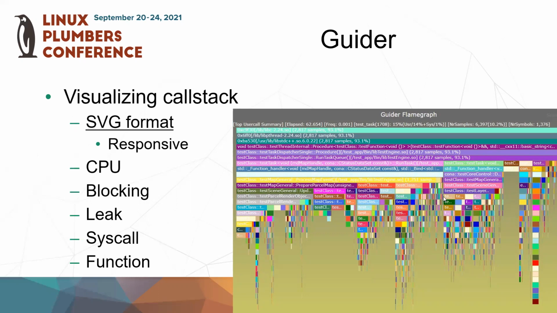Therefore, to analyze performance problems at the function level, we need to be able to see the whole, including each backtrace. In this case, this flame graph feature is very useful to analyze call stack-based profiling results for CPU usage, blocking status, memory leak, syscall trigger, and function call.